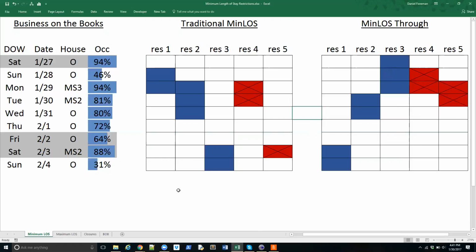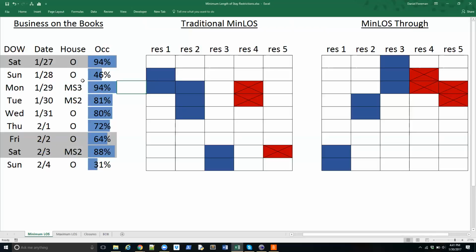So another interesting subtlety about the min stay 2 that I will add is that a min stay 2 achieves the same thing. If it's traditional or it's a min stay 2 through, it doesn't matter, because let's pretend that the min stay 2 here was on this Monday.